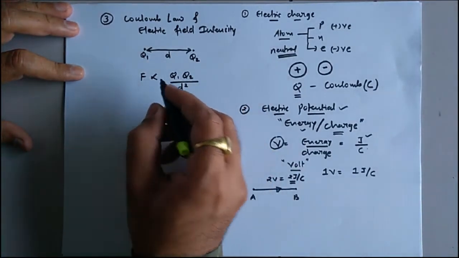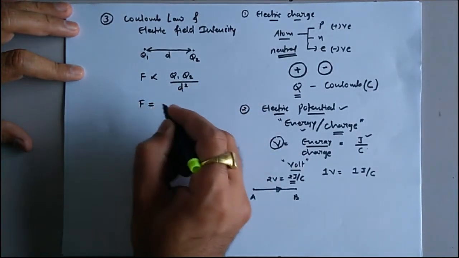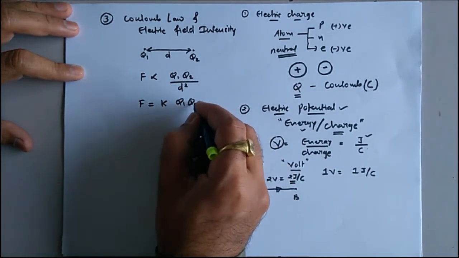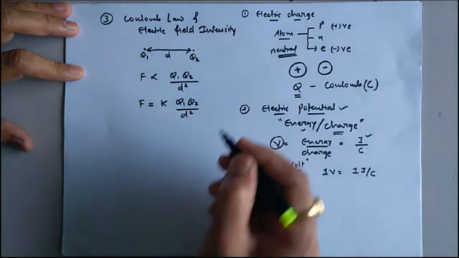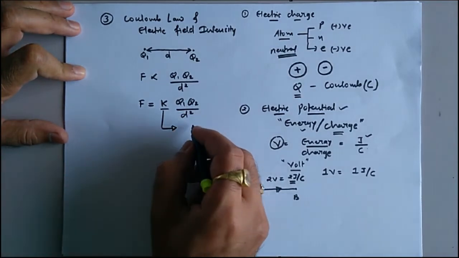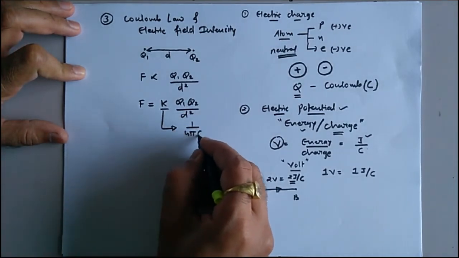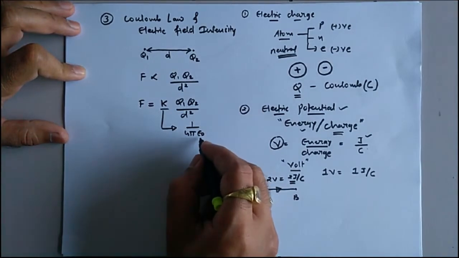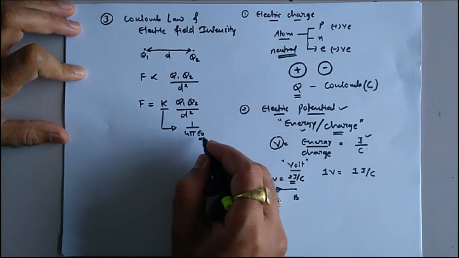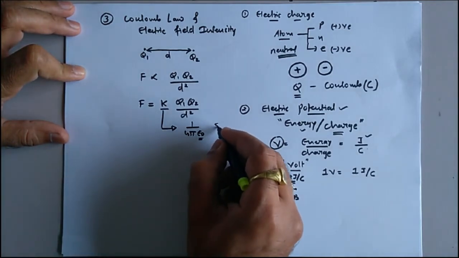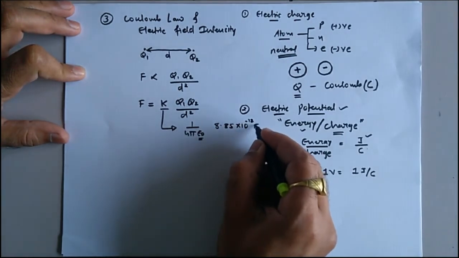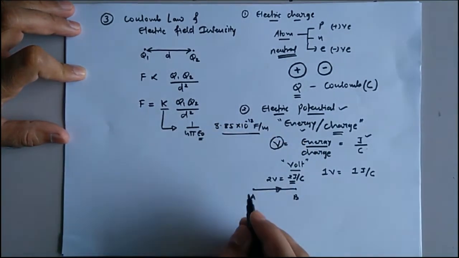Now this proportionality sign is replaced by a proportionality constant indicated by symbol K multiplied by Q1 into Q2 divided by d square, where the value of this K is experimentally found as 1 upon 4 pi epsilon naught, where epsilon naught indicate the permittivity of free space, and the value of this epsilon naught is around 8.85 into 10 to the power minus 12 farad per meter.